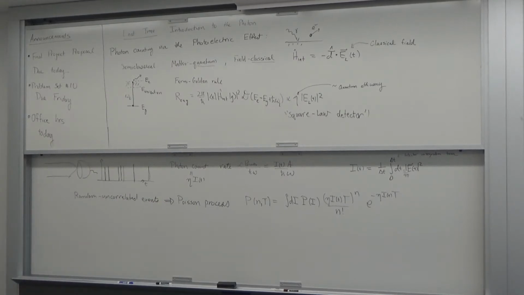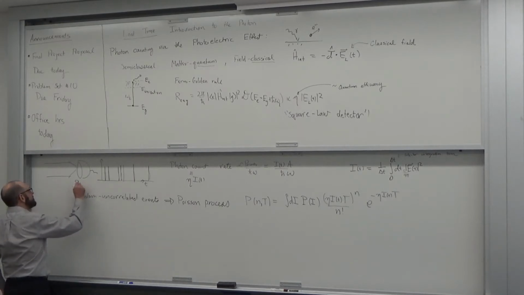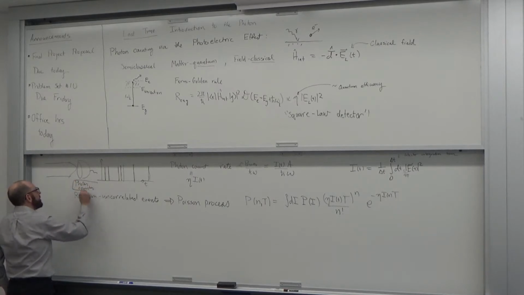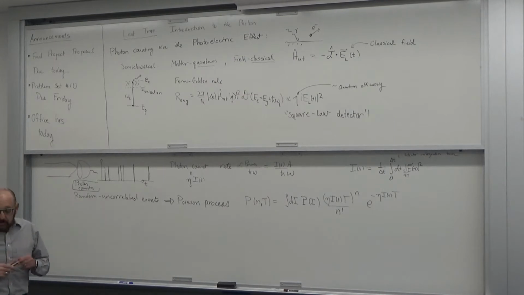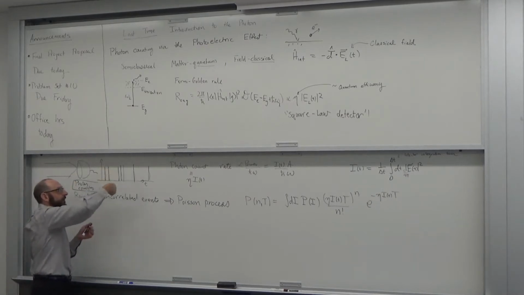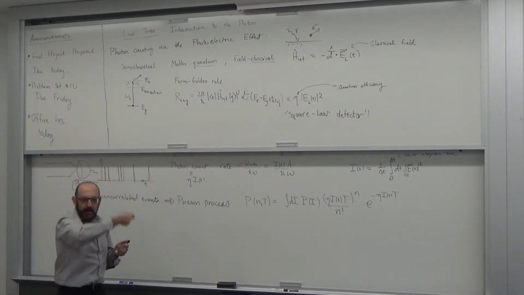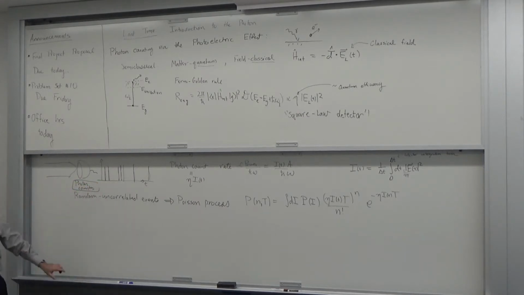So if we have some kind of photon counter here, on which we impinge a light beam, and this is set up to be a kind of Geiger counter, we'll see some clicks in the photocurrent as a function of time, representing photon counts.